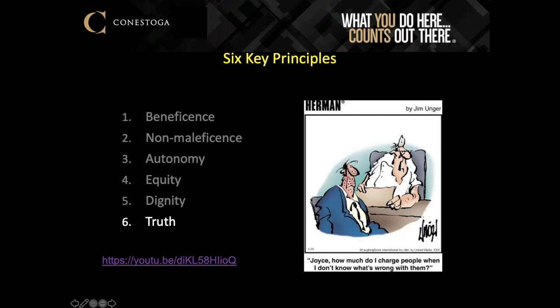Dignity and equity, people would argue, are things that are both medical as well as outside, but this idea of beneficence, non-maleficence, autonomy, and equity. And I'm going to show you another video where a dentist is going to explain these concepts in a little bit more detail.